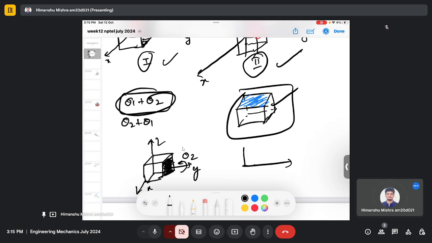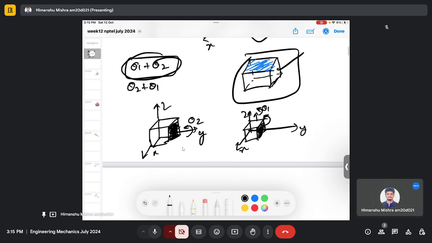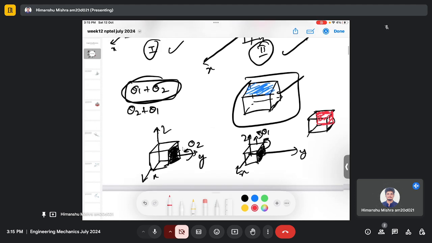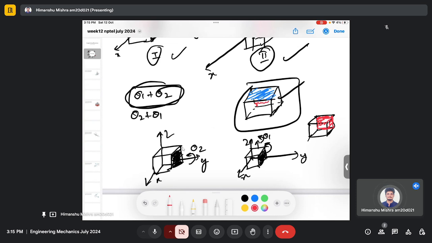Now if you perform the rotation about the z-axis, then this shaded plane will rotate in this direction. So this is your cube now after performing the operation, and this shaded plane has now moved to this part. You can see that in the second case, this is your shaded plane, the back side of this cube.